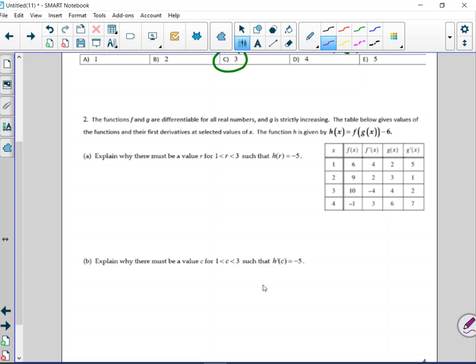And part B, you're going to prove to me that h prime of r has to equal -5, somewhere between 1 and 3. And I will help you with the thinking. A is an IVT, B is an MVT.